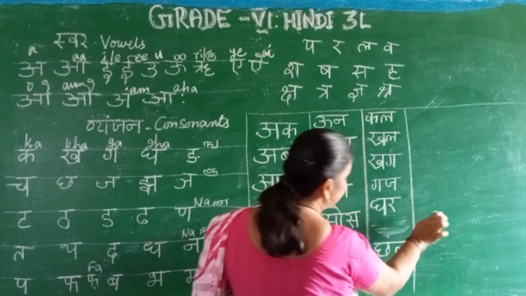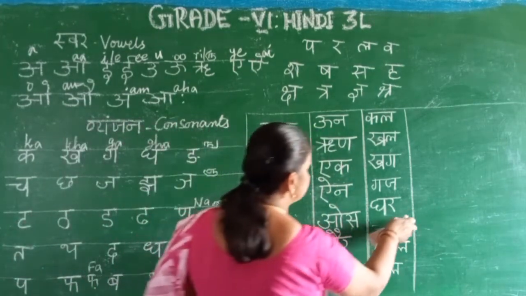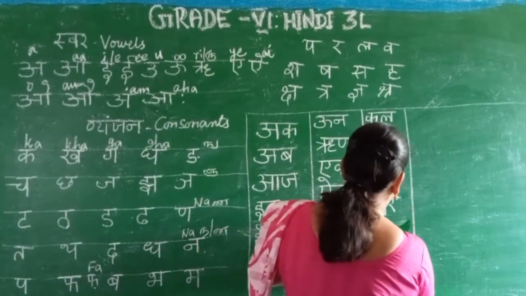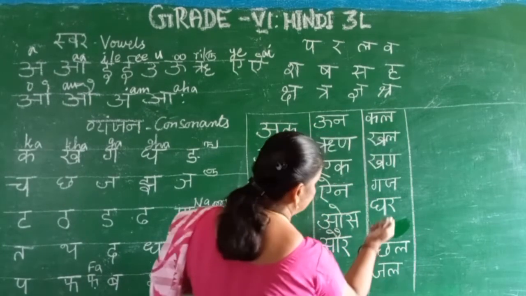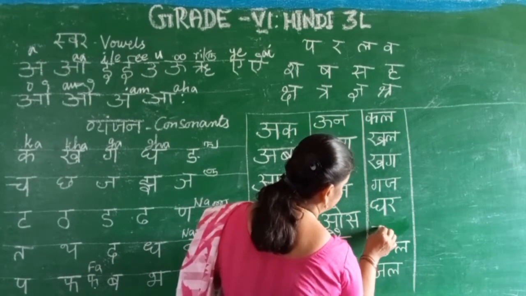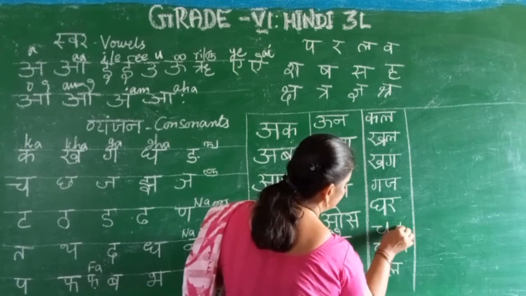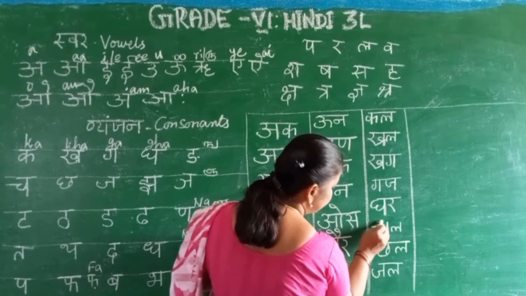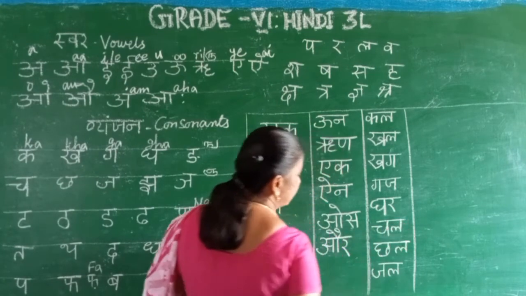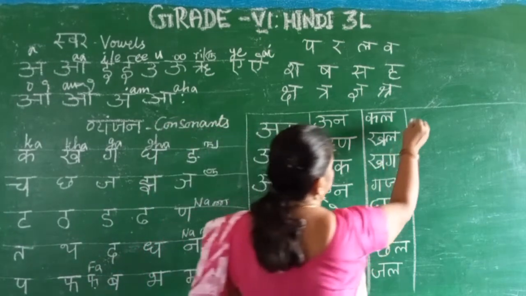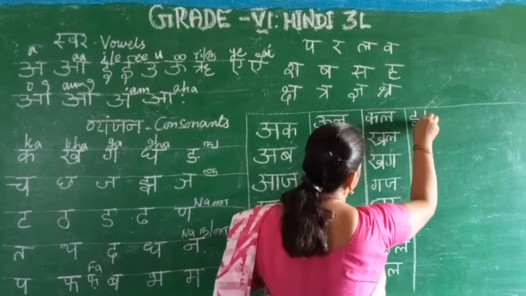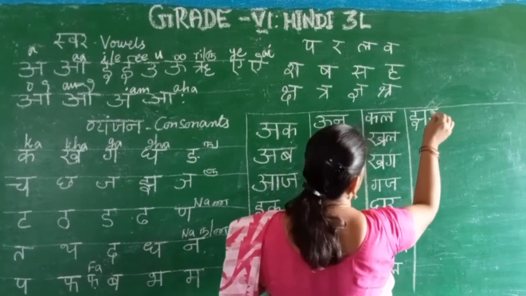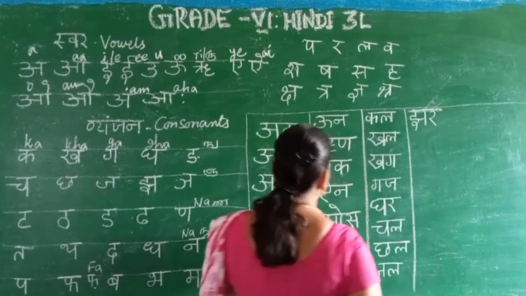This one, how to write? I made some mistake. See, cha, write like that. See the sleeping lines in the middle of this letter. So now it is correct. Chal. Understand? Jal after ja. Ja. This is jha. Jha, ra, jhar. Now next one.